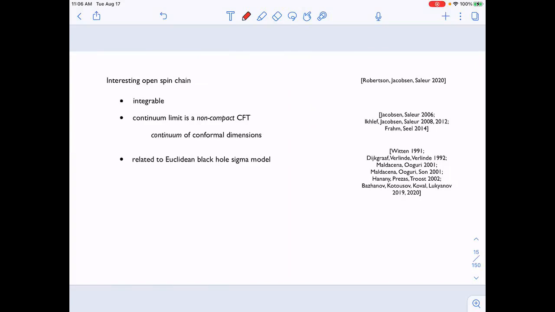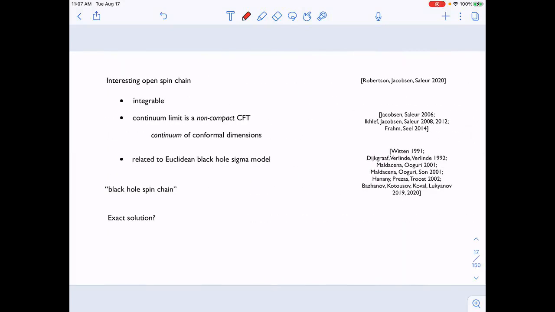And this spin chain is related to the so-called Euclidean black hole sigma model, which has a very long history, dating back at least to Witten, 1991, and many other luminaries. So for this reason, and just to make it sound fancy, I decided to call this the black hole spin chain. And that's what I'll be talking about today.